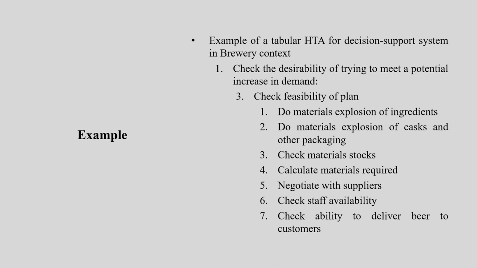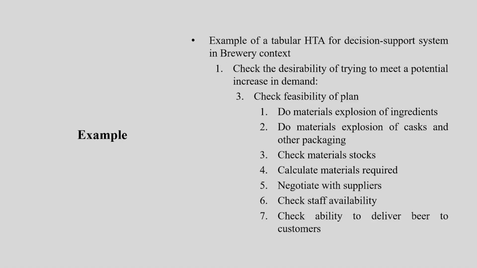Once we understand that these are the requirements, we need to negotiate with our suppliers. This is very much human dependent. We need to formulate how we negotiate with the suppliers, and at what time, at what rate, and in what quantities they will supply, and how they will transport.